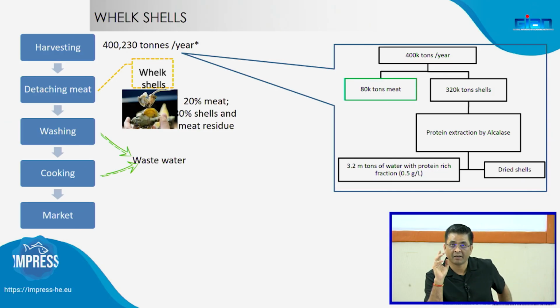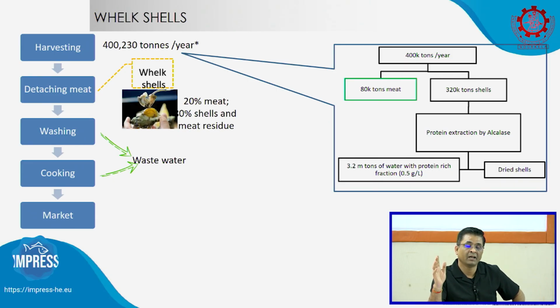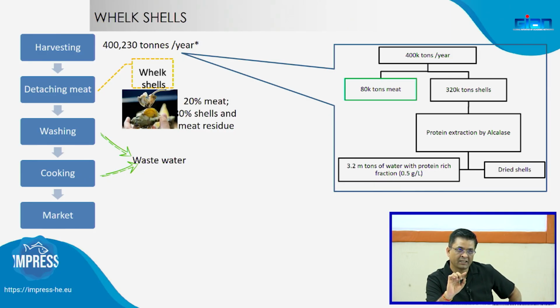Remember, if you take milk, 1 liter of milk will produce how much amount of cheese or paneer, dairy? 150 grams of cheese. So 1 liter makes 150 grams. What is leftover is whey. Whey means leftover water.